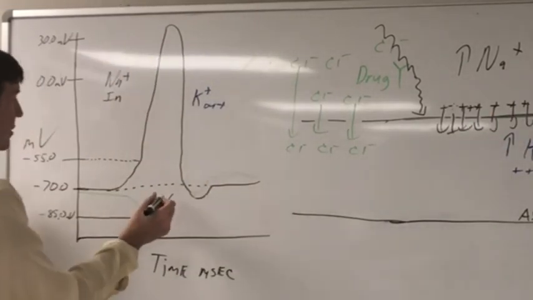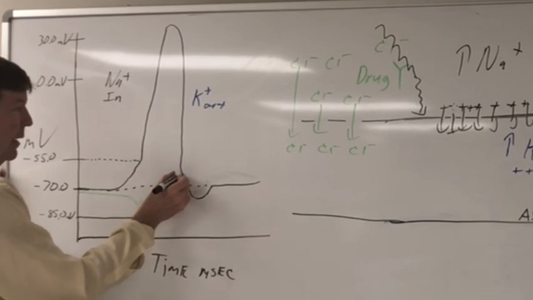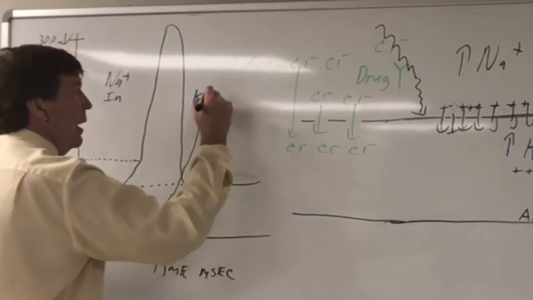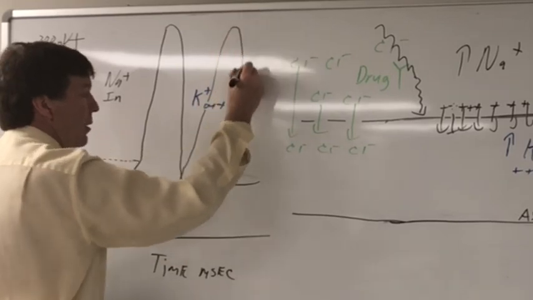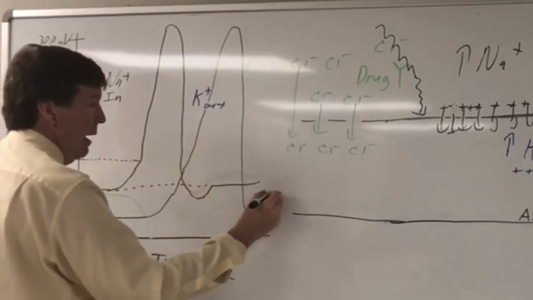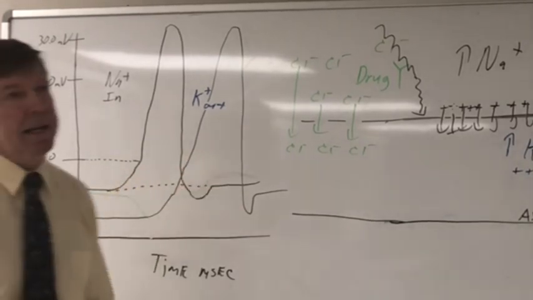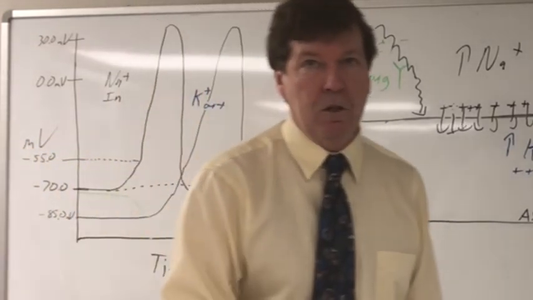And when that does eventually happen, if we do make it up here, then of course we can fire again and we get another action potential. So the effect of the Cl- is going to be to deaden the nerve.